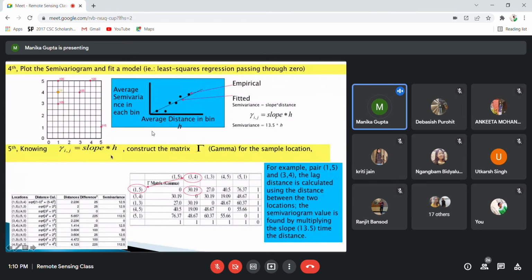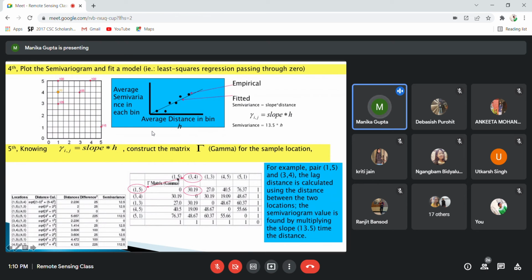So we have to create a gamma matrix here. What we are trying to do is create an equation or a matrix to get our value for that particular unknown point. For this gamma matrix, we make it in the Excel sheet.